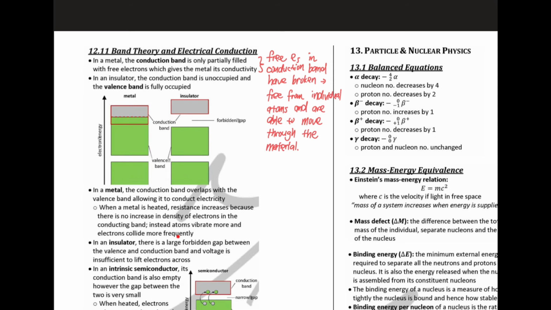So the atoms are vibrating, and in the meantime, collisions between atoms and electrons happen more frequently, and because of that, the conductivity of metals decreases.